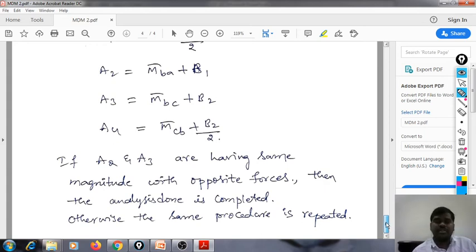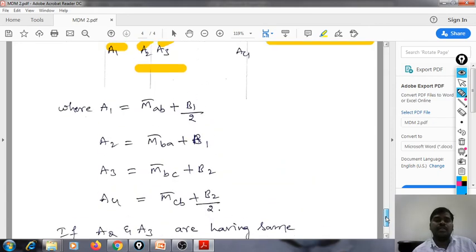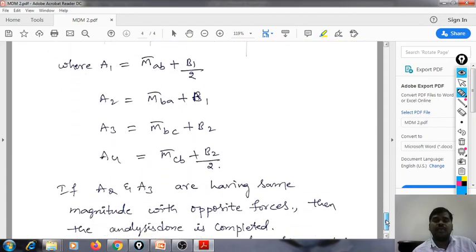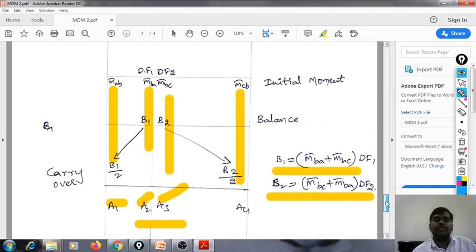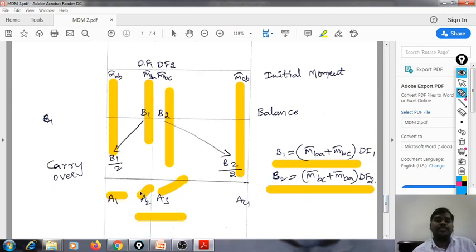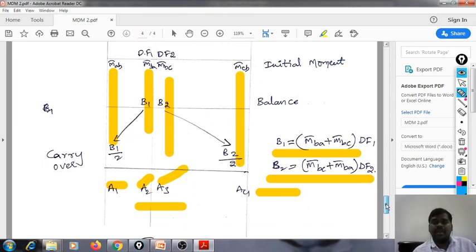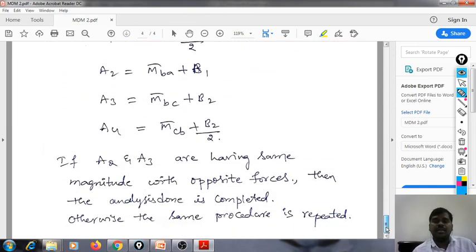If A2 and A3 are not the same, we have to repeat the procedure right from balance. These four, m bar AB, m bar BA, m bar BC, m bar CB, will be the revised moments, and considering them as initial moments, start the procedure again until A2 and A3 are the same.